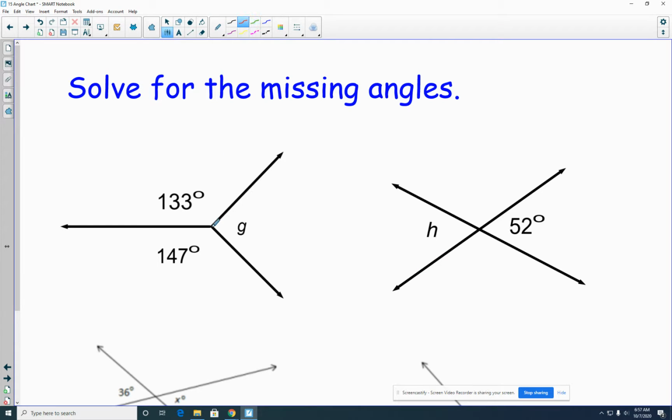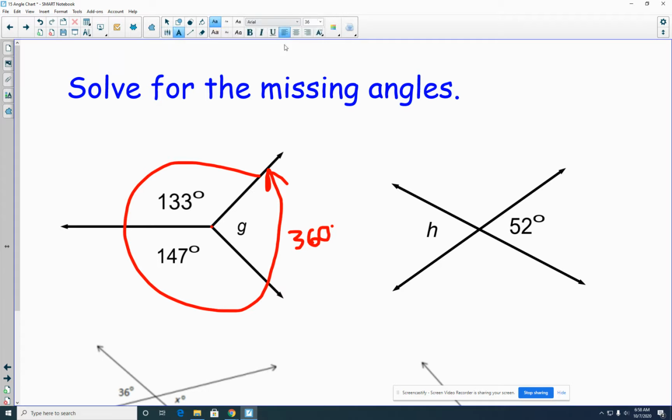So I look at this diagram and immediately I notice they all meet at this point. So if I go from here all the way around, this is a 360. These are angles that meet at a point. Right? So I know they have to sum to 360.